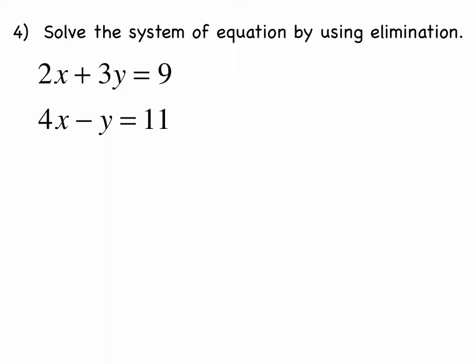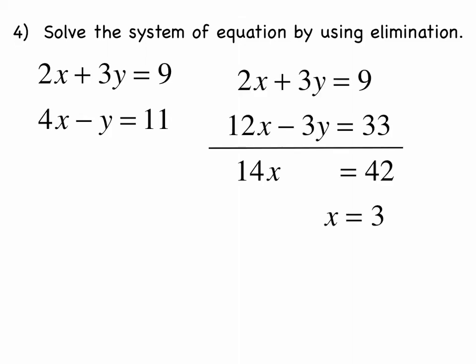Here's another one. Go ahead and put the video on pause and try this one. This says to solve the system of equations by using elimination. So here we're going to try to eliminate and not substitute. You can eliminate the x's by multiplying the top equation by 2, or eliminate the y's by multiplying the bottom equation by 3.